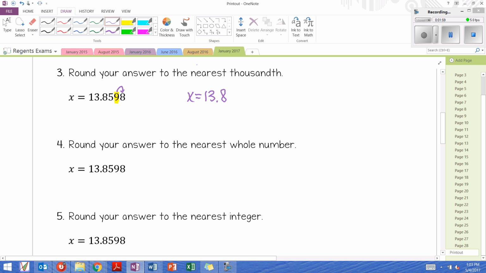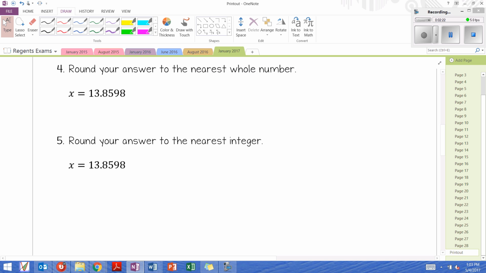We can, however, write a 0. So we have to bring the 1 over to the 5. This is one of the trickiest cases you will see, but notice how I included the 0, because it said the nearest thousandth, which means we need to see the thousandths place value, the third decimal, as the last value, even if it's a 0.